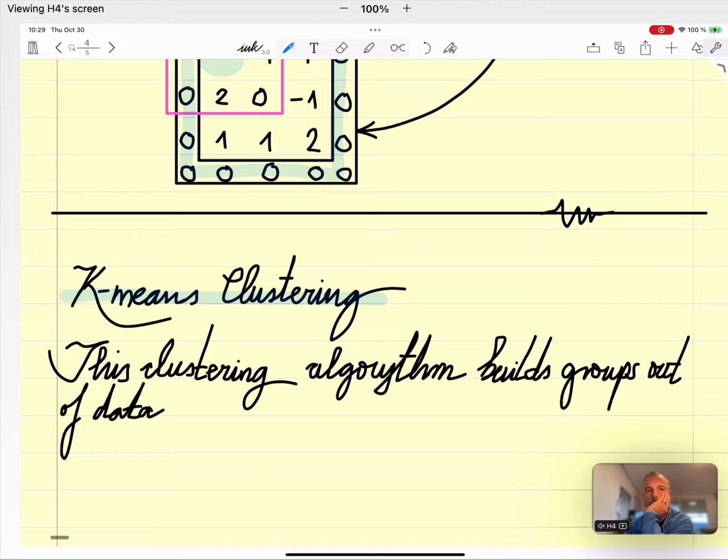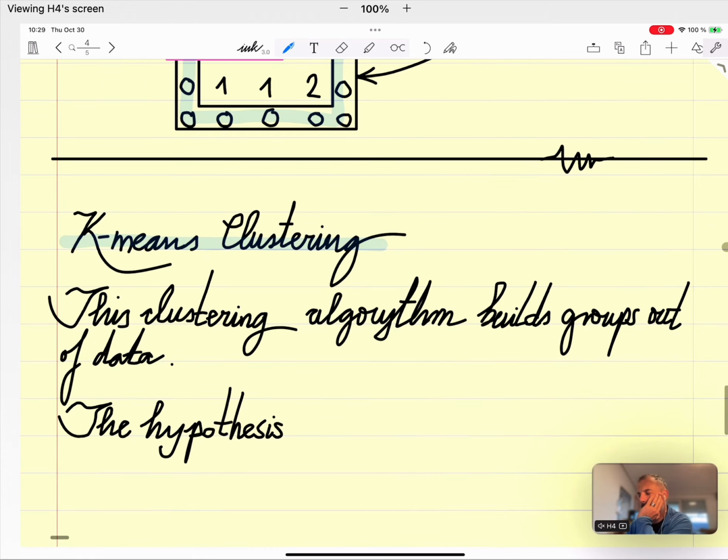Okay. The hypothesis is that data are Euclidean.